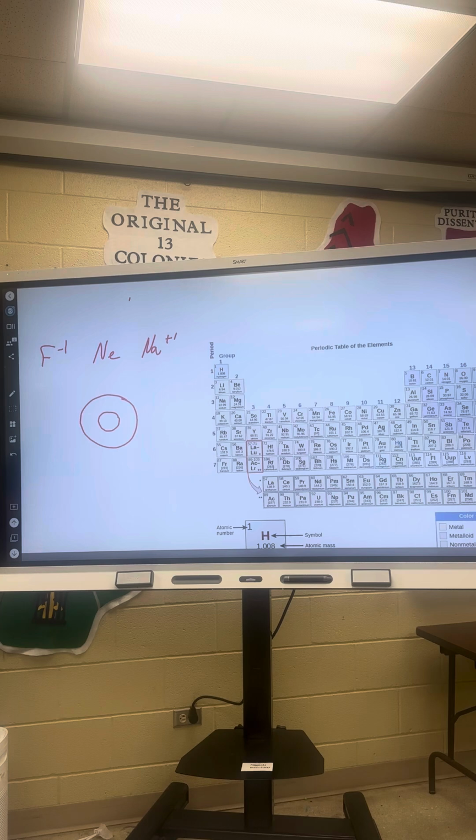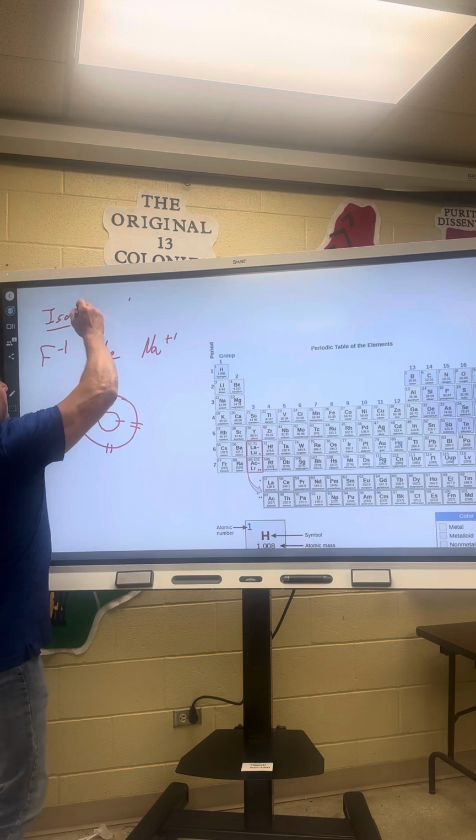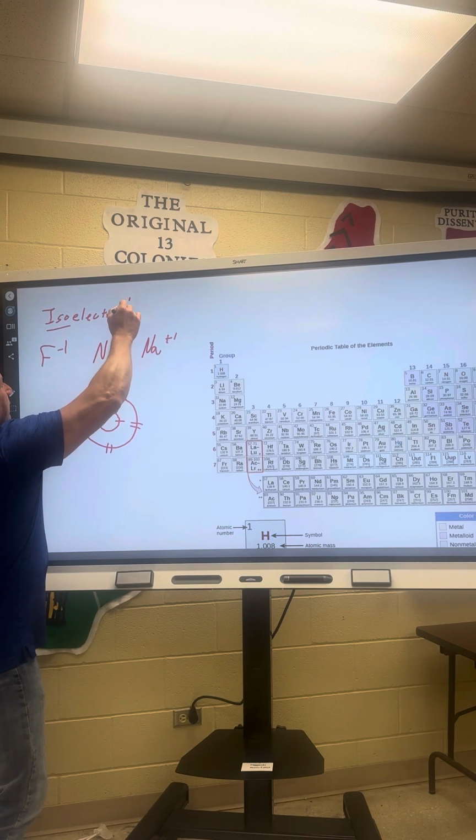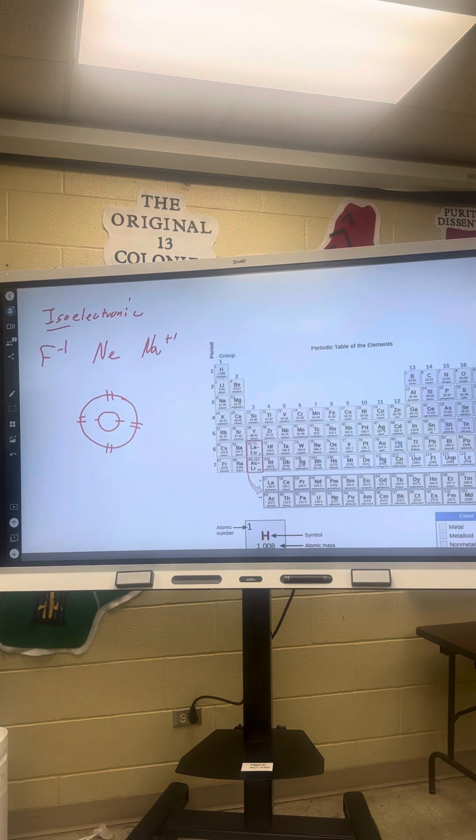So all 3 of these have 2 shells, and they're all 3 going to have 10 electrons. All right, 2 in the first, 8 in the second. Fluorine gained 1, neon is as is, sodium lost 1. What we say is these are iso, like an isosceles triangle has the same sides, isoelectronic. This is an isoelectronic series, which means they all 3 have the same electron configuration.